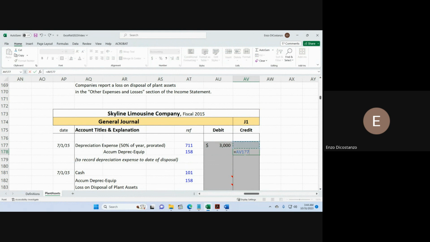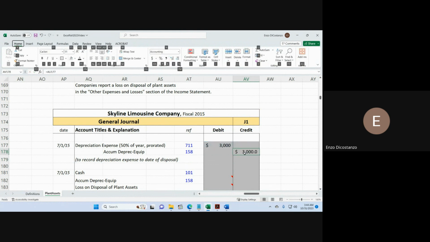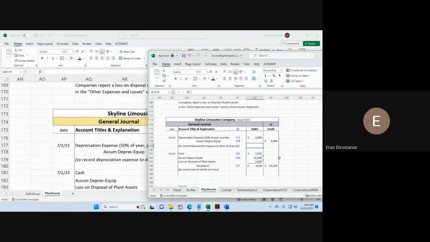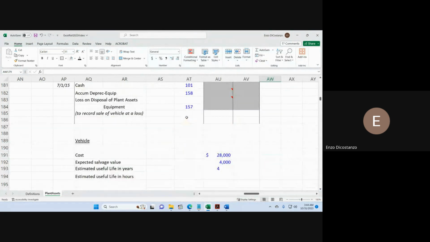And the accumulated is there. Okay. So that's where that starts. Something like this, a prorated version of this, right? To date, disposal to date.